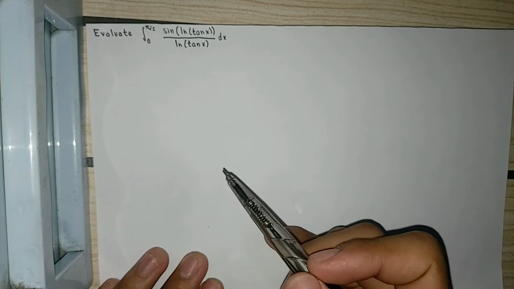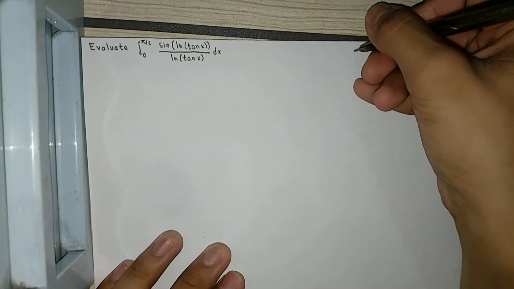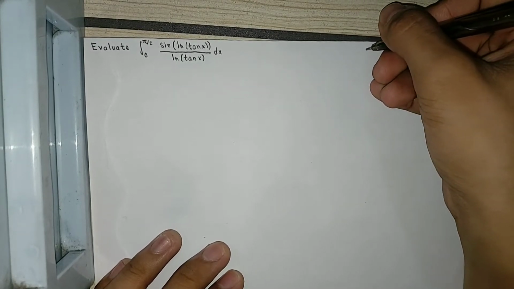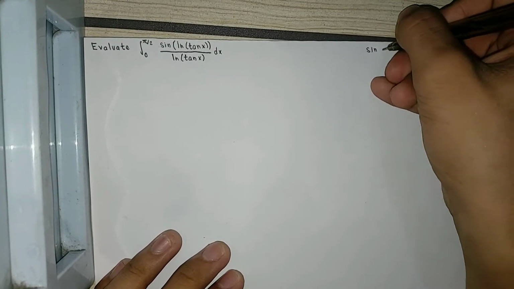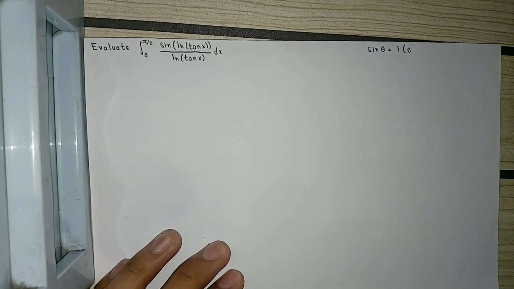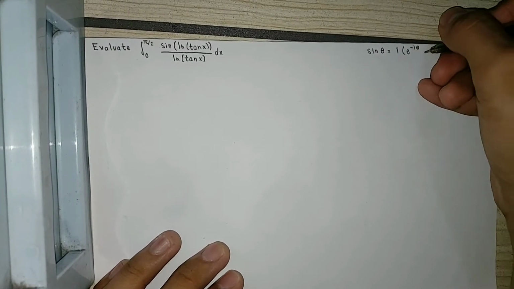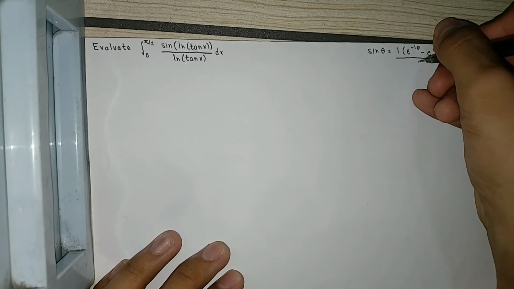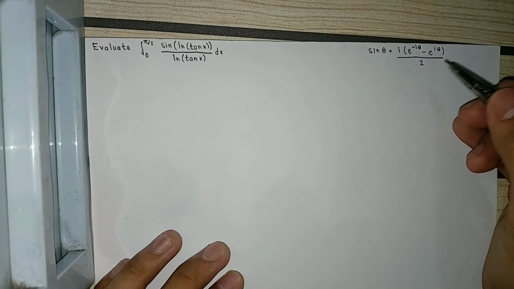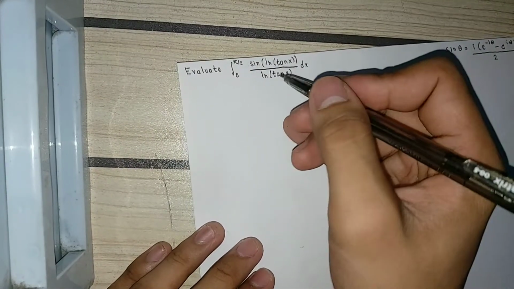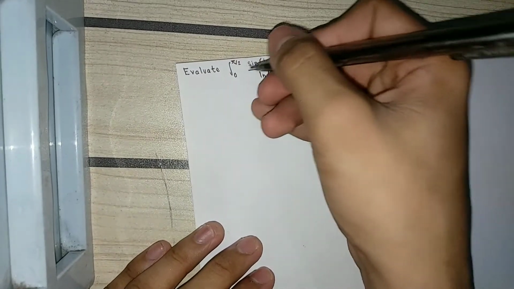So, in order to solve this problem, we will use the fact that from Euler's formula, we have a nice representation of trigonometric identity, which is sine theta is equal to i times e raised to negative i theta minus e raised to i times theta over 2, and this is due to Euler's formula.